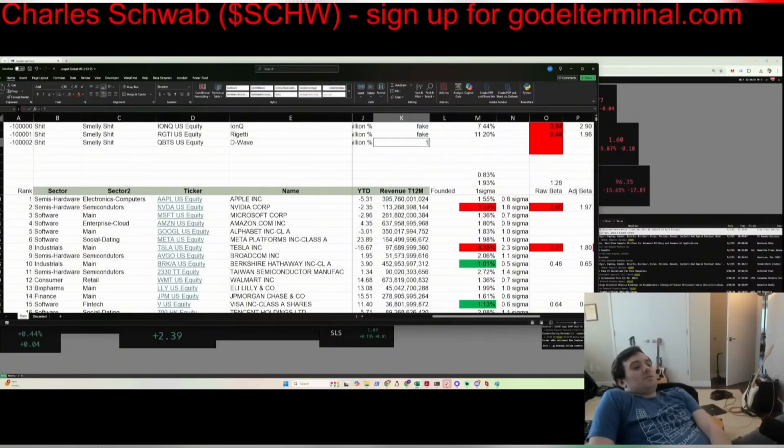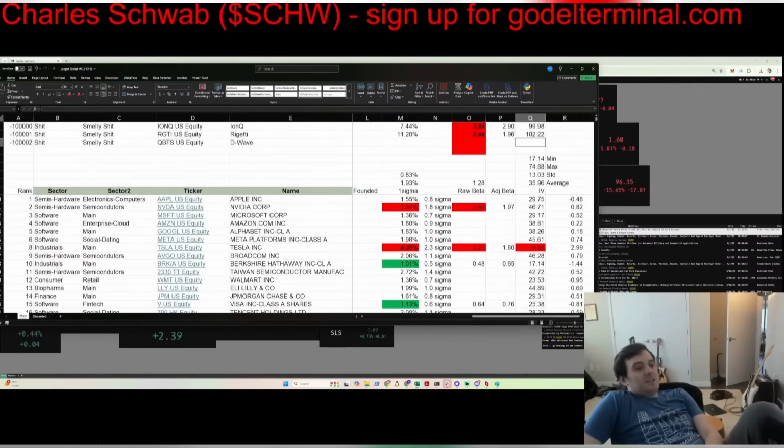The revenue for D-Wave, I corrected it from fake to one retarded German, that is a non-integer. So 3 beta, just normal stuff here, nothing to worry about. But the implied vol is the highest.